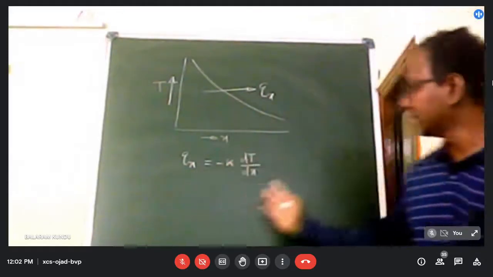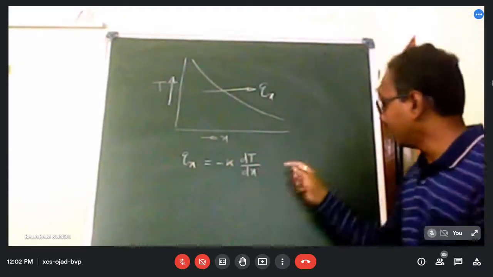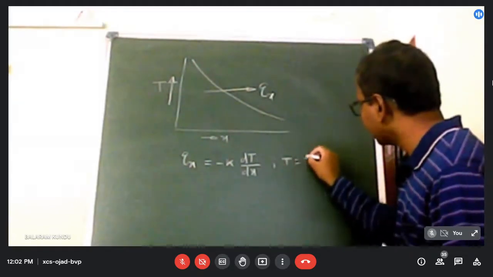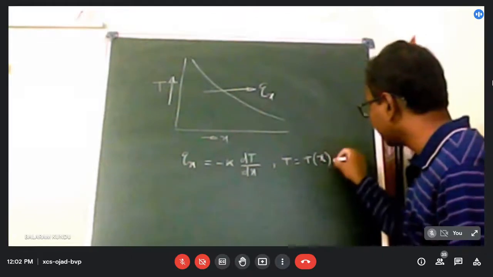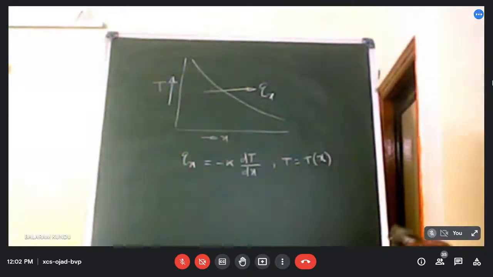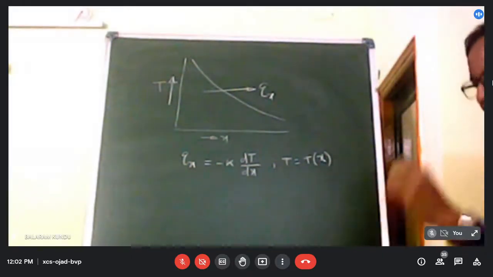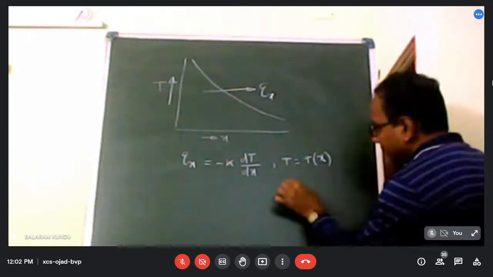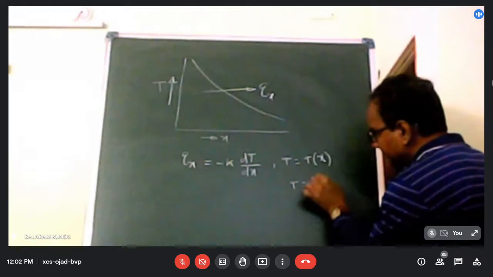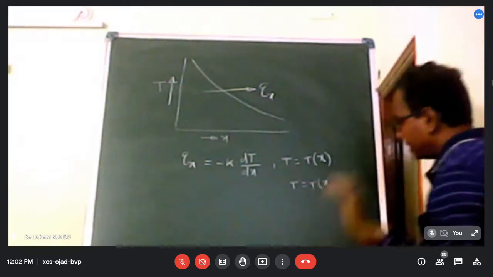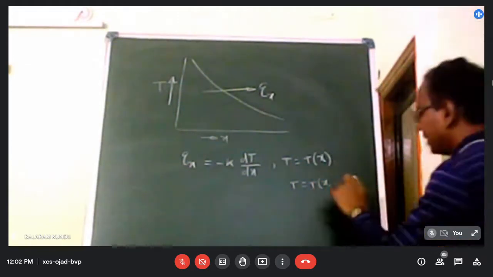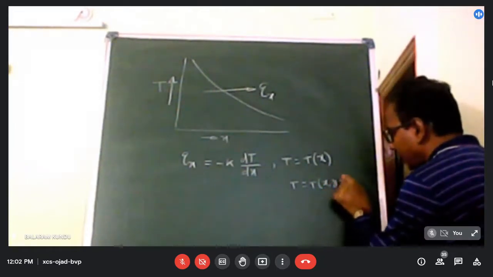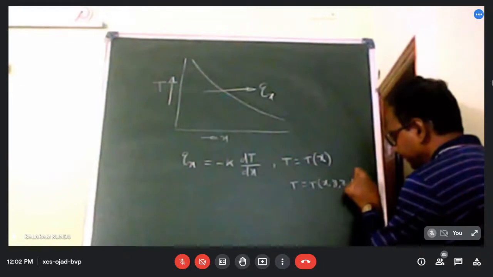In this case, here temperature T is only function of x. In general, if we want to write the general expression, temperature will be a function of x, y, z, and t.